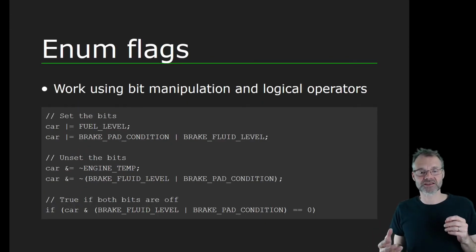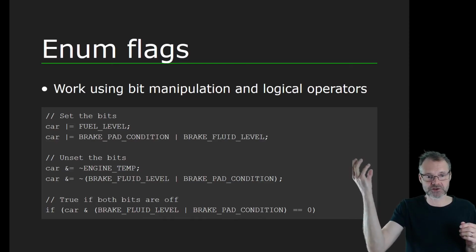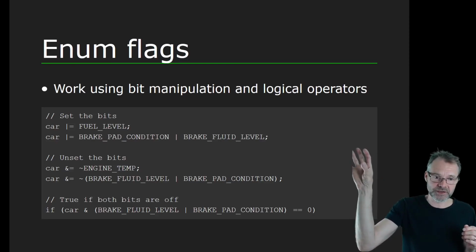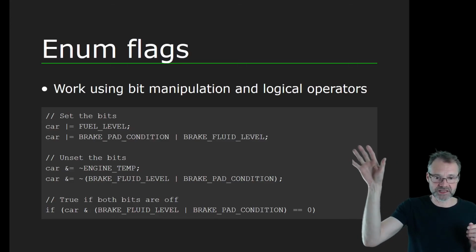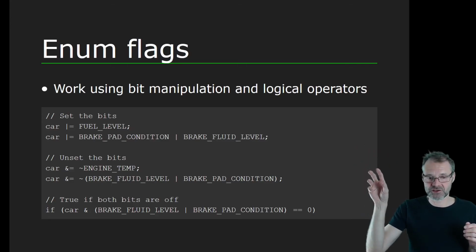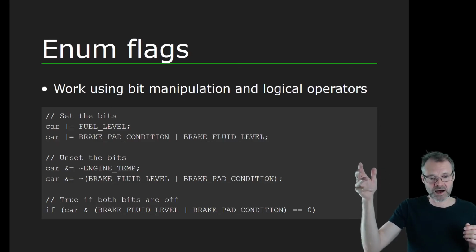When we work with enum flags, we're using bit manipulation and logical operators to make it work. So this is code for how it could look. We're going to set the bits here in the car. We're going to set 1 bit, or set 2 bits at the same time. We can use this construct here to unset 1 bit, or unset 2 bits.